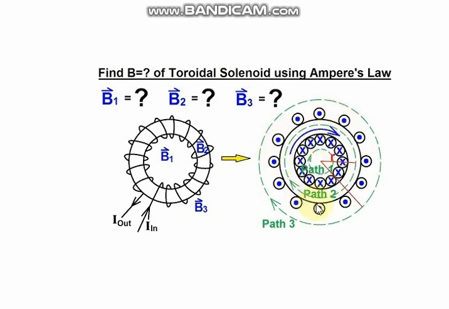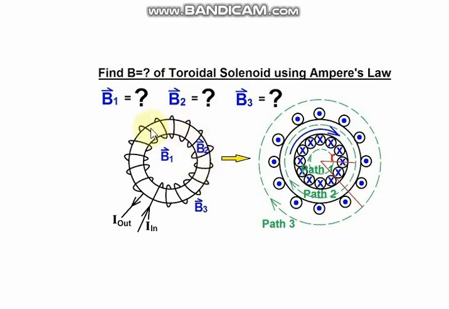Here you can see three regions, B1, B2 and B3. This is the region enclosed by the tubular region but not enclosed by the currents.